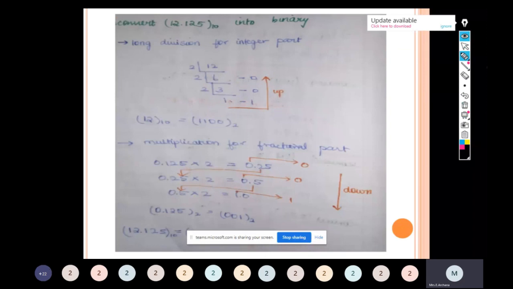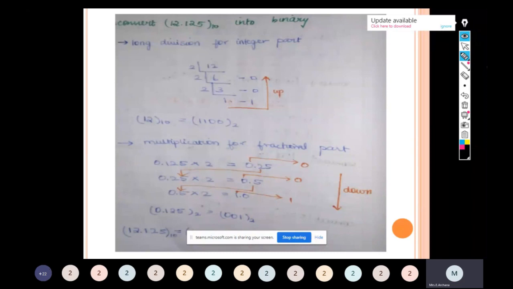So till now we have seen what is meant by number system and what the types of number systems are. The decimal number system has the values from 0 to 9, and the base value is 10. The octal number system has the values from 0 to 7, and the base value is 8.